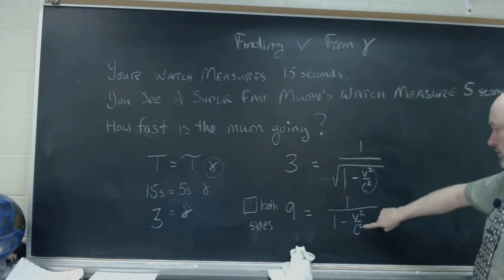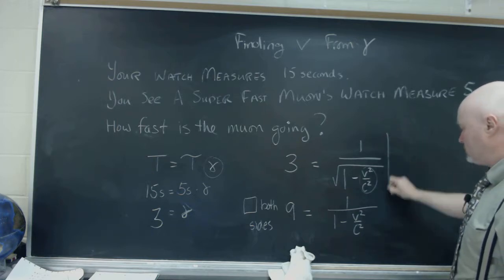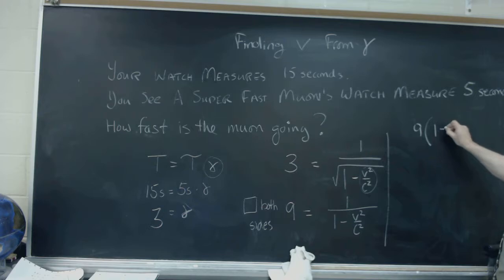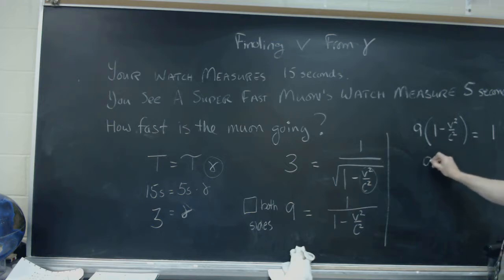All right, now I want to get this off of the bottom. And so this is going to become 9 times 1 minus v squared over c squared equal to 1. So this becomes 9 minus 9 v squared over c squared equals 1.